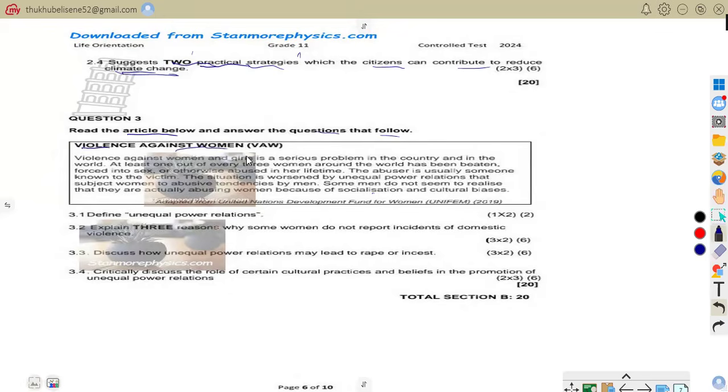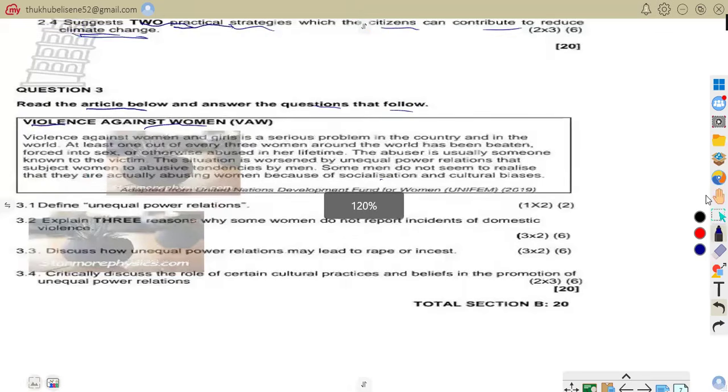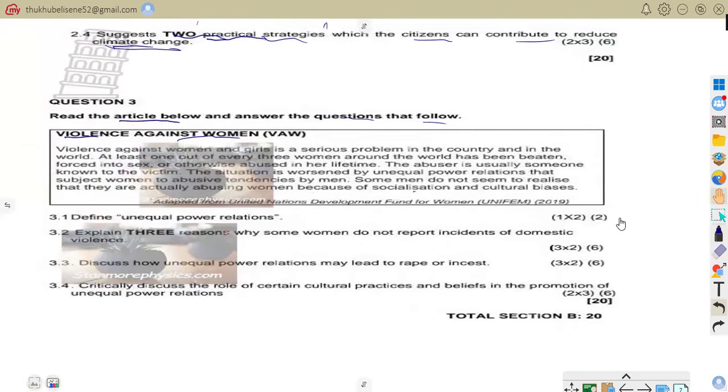Violence against women, that is VAW. It says violence against women and girls is a serious problem in the country and in the world.